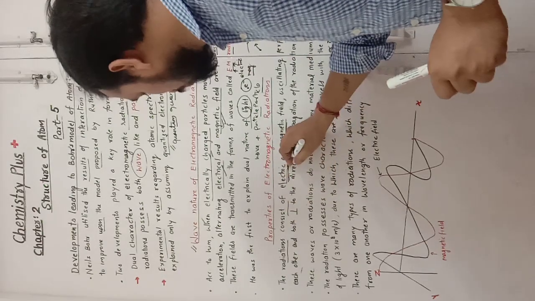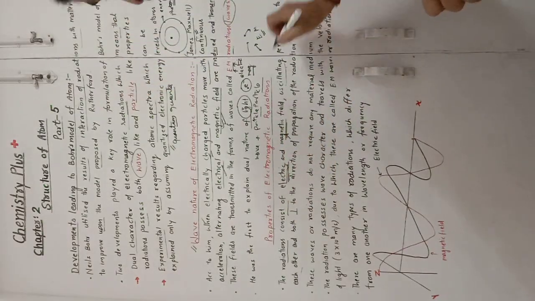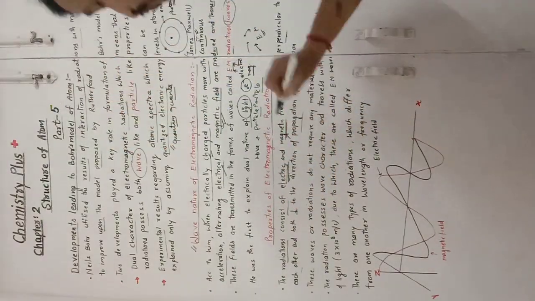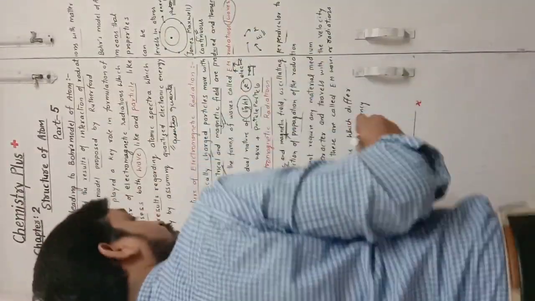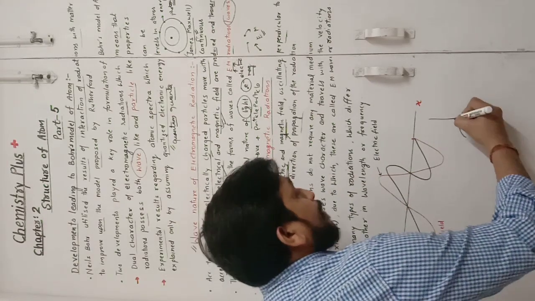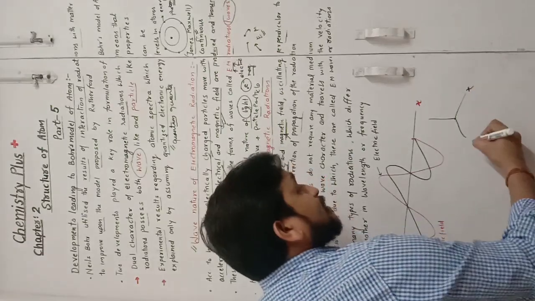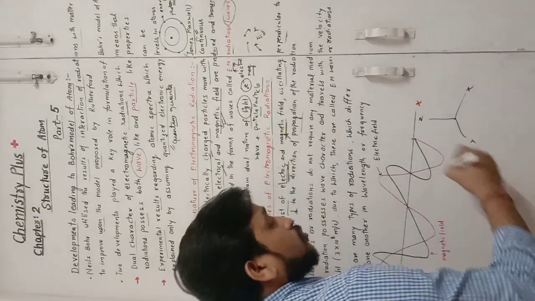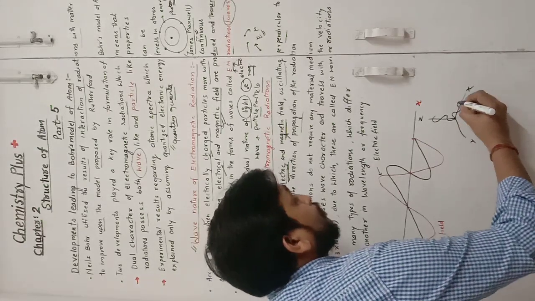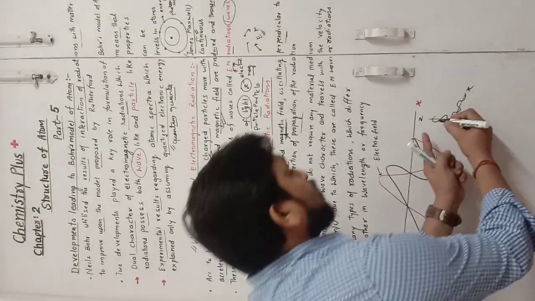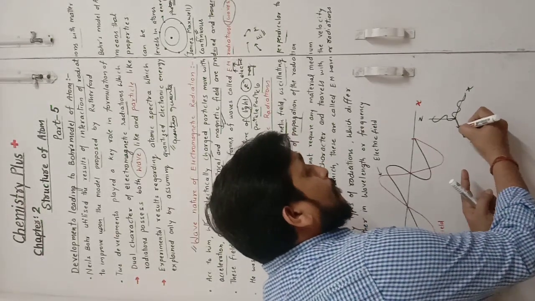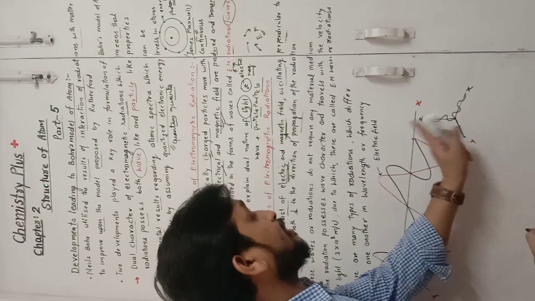So the radiation consists of electric and magnetic fields oscillating perpendicular to each other and both perpendicular to the direction of propagation. Suppose we have a three-dimensional figure with x, y, and z. The first wave is moving in the z axis, the second in the x axis. These two are mutually perpendicular, and this is the direction of propagation in which the wave is moving.